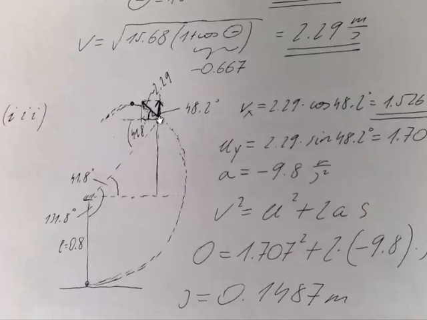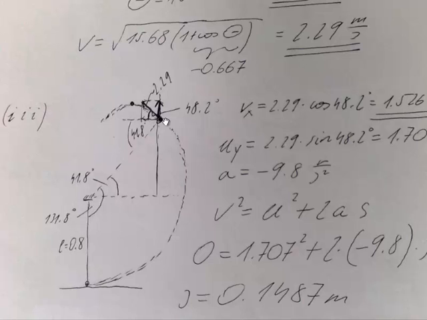This is the initial speed. We break it down into a vertical and a horizontal component.